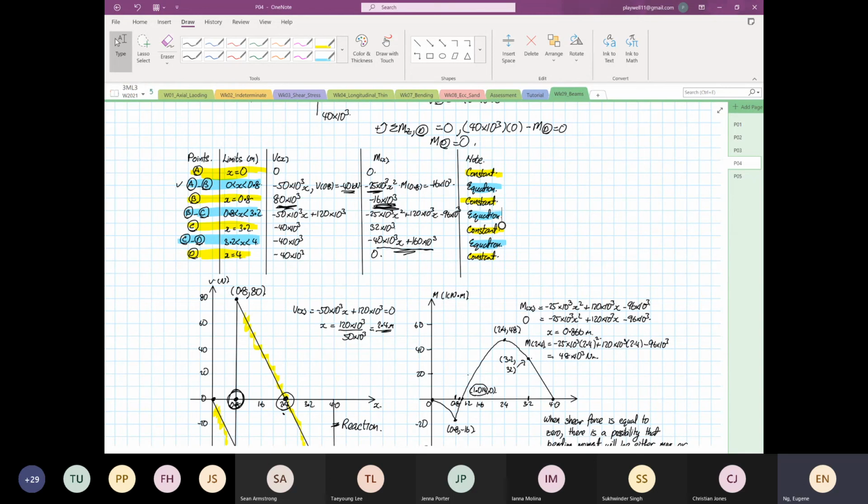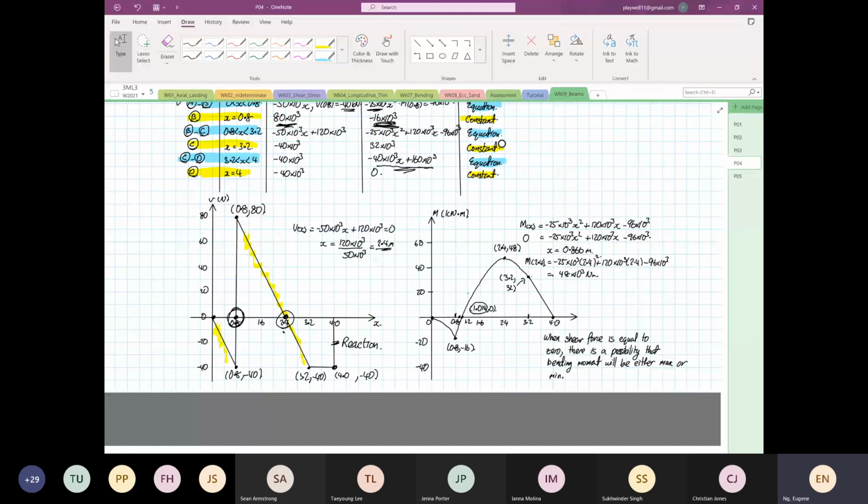Point C is not at 2.4. It is at 3.2. Point C, yeah, 3.2. Taeyong, you're right. So did I do something wrong? So the 3.2 over here represents the 3.2 over here, right? In the last page, page 5, on the shear force diagram.